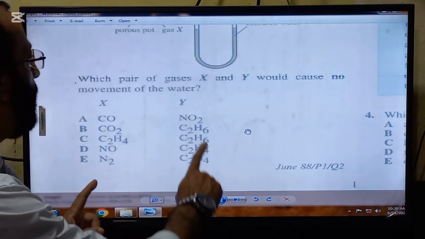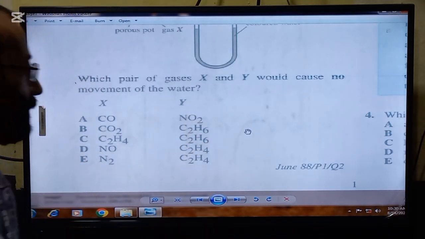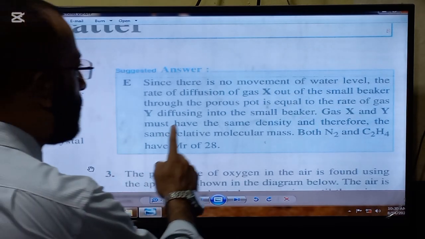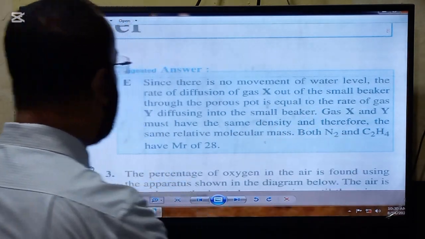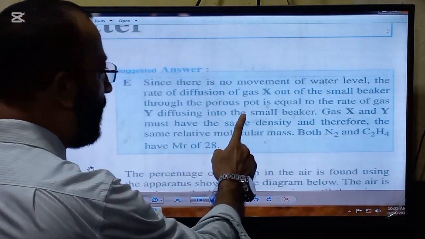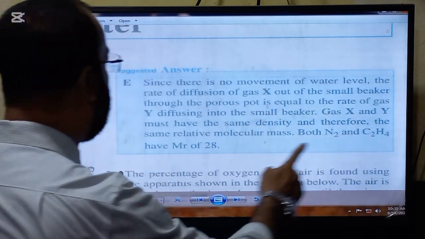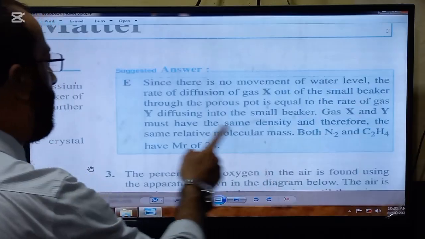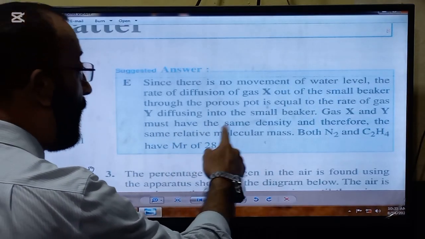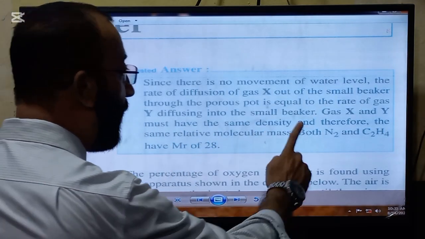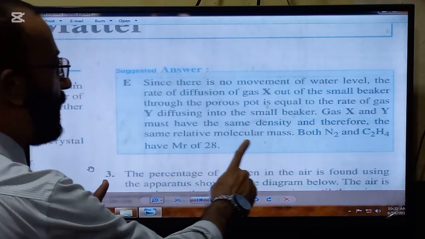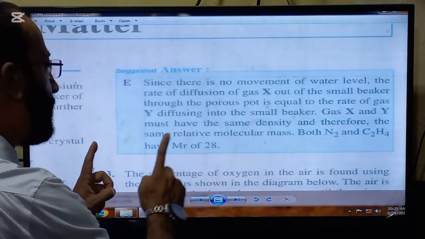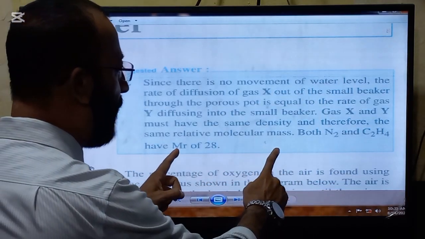Then there will be no movement of the water. This is the answer. Since there is no movement of the water level, the rate of diffusion of the gas X out of the small beaker through the porous pot should be equal to the rate of gas Y diffusing into the small beaker. Gas X and Y must have the same density and therefore the same relative molecular mass.